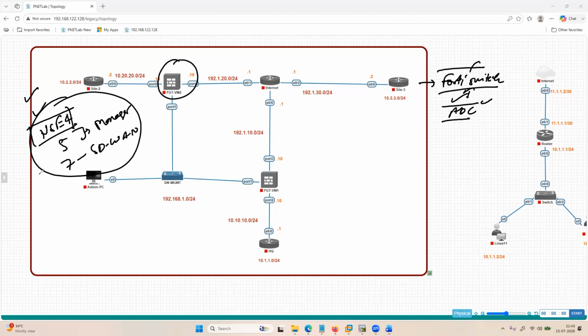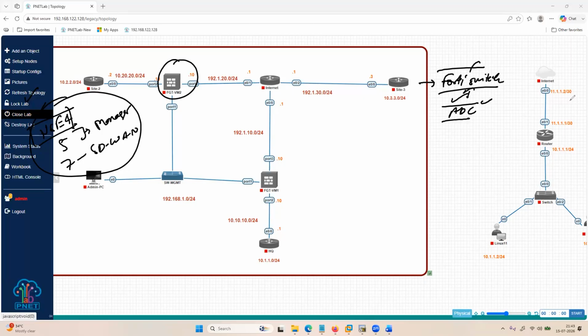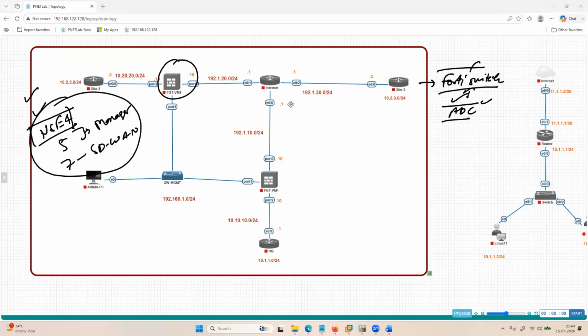Okay, understood. FortiAnalyzer also will be covered? Technically no. FortiManager itself is capable of doing the FortiAnalyzer job as well, but due to license constraints, we are not covering it. If you want theoretical knowledge, I'll be giving it to you at interview level.